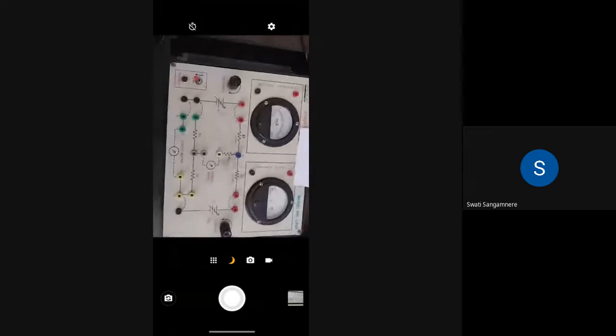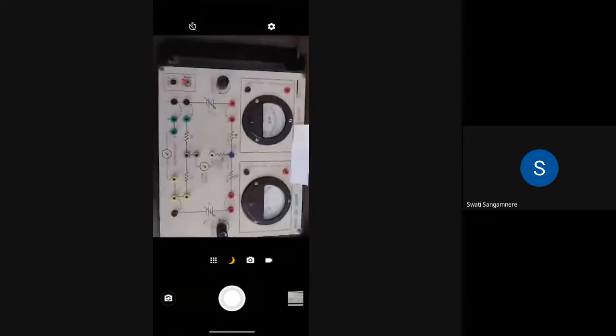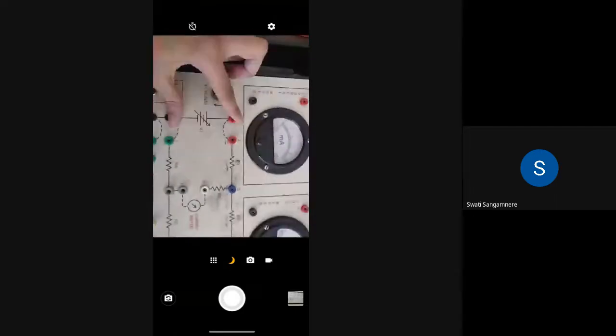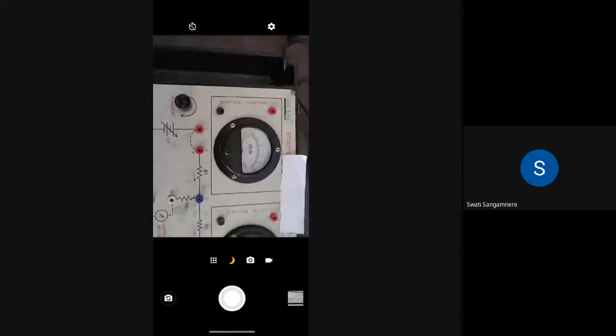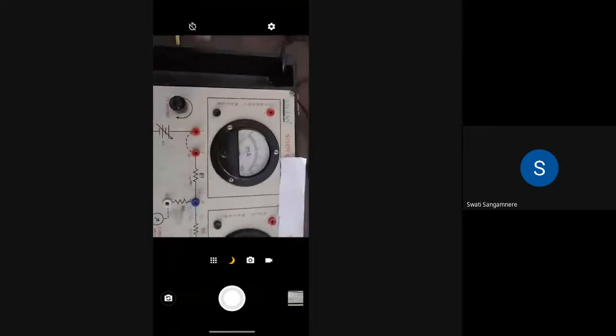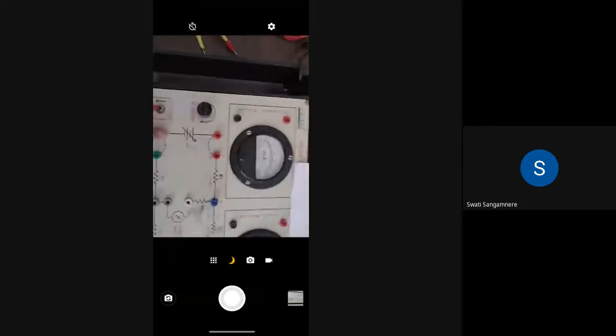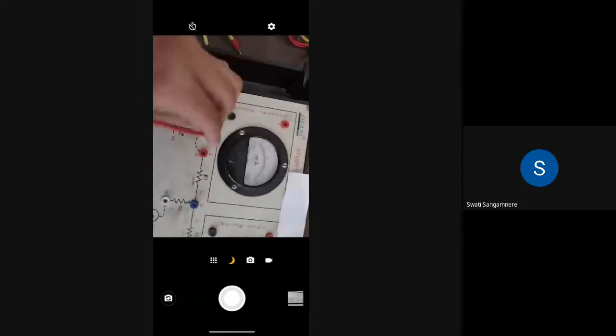As per the circuit diagram, we can make the connections. First, the first voltage source is connected. The dotted line shows where we can make a connection, and the dark line shows the connection is already done. So we can connect the first voltage source by connecting this dotted line.